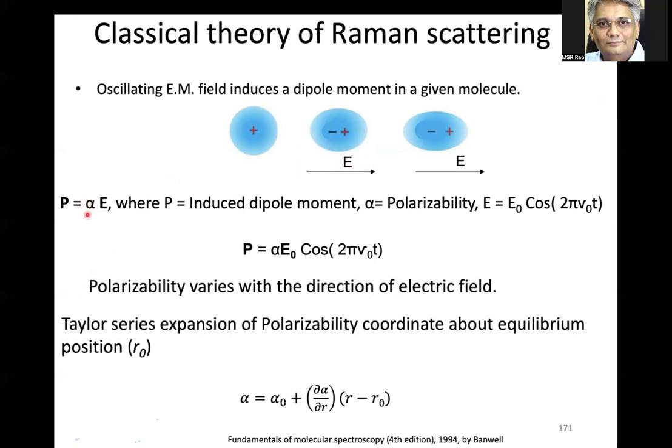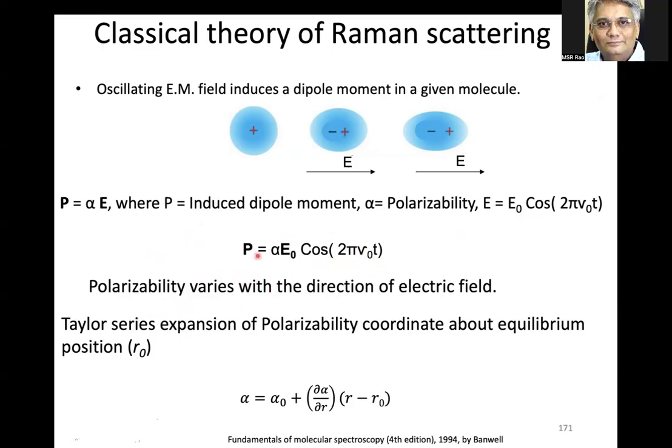Polarization is equal to alpha E, where alpha is the polarizability, E is equal to E naught cos 2 pi nu naught t, and this P is the induced dipole moment. So P is equal to alpha E naught cos 2 pi nu naught t.